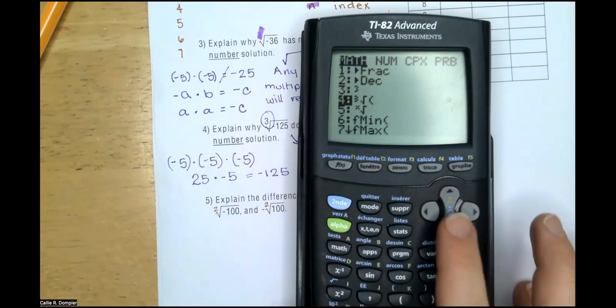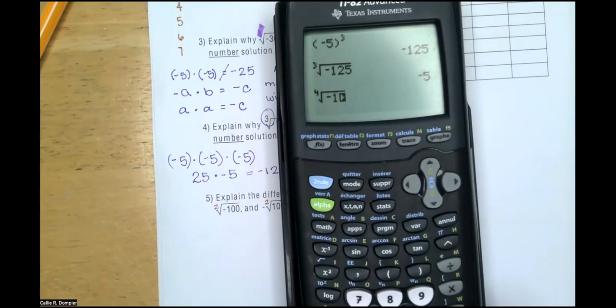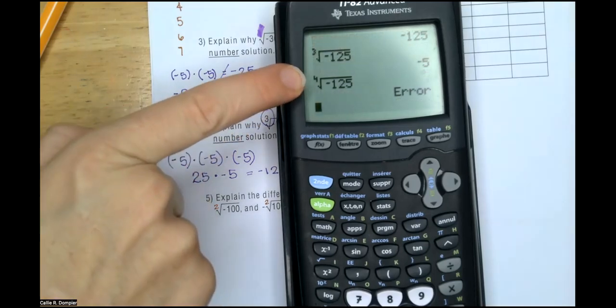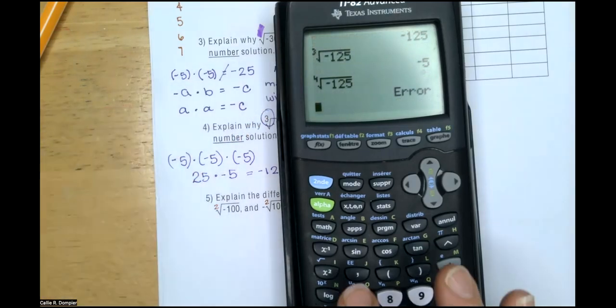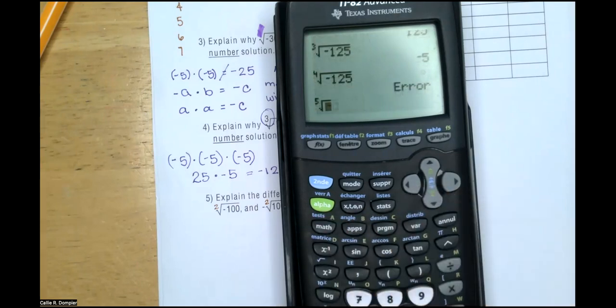But if we wanted to do the fourth root, for example, of negative 125, we will get a non-real answer because it is an even index. If we did the fifth root of negative 125, do you think it'll be a number or an error?